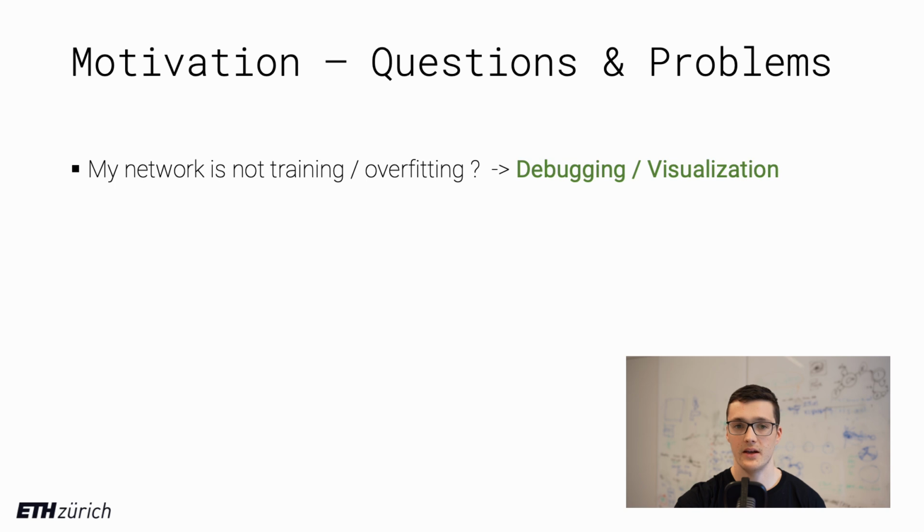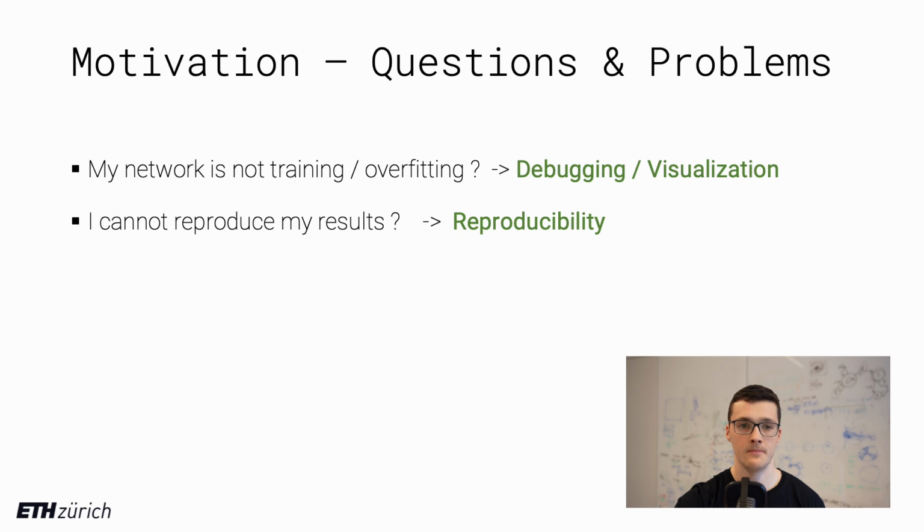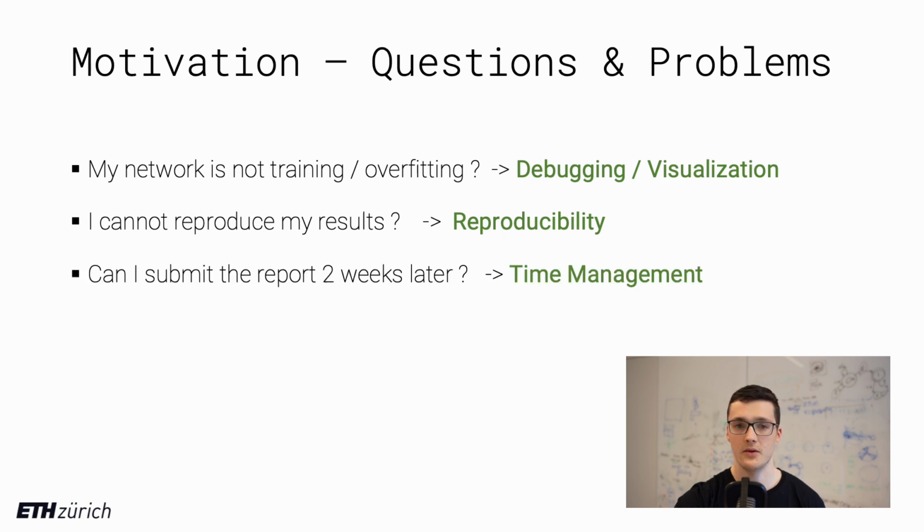Also, at the end of the project, we run into the problem that the results are not reproducible. So I will teach you about the best practices in terms of reproducibility. Next, time management is always a big problem. The question at the end of the project is, can we submit the report 2 weeks later? Here a solution again is time management, so I also will say a few words about this.